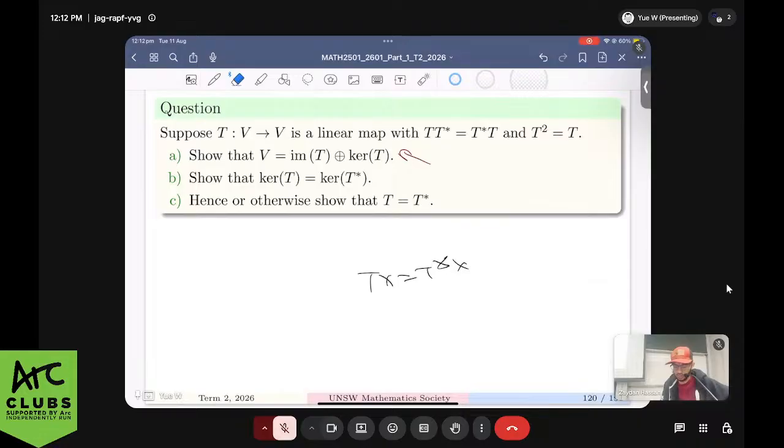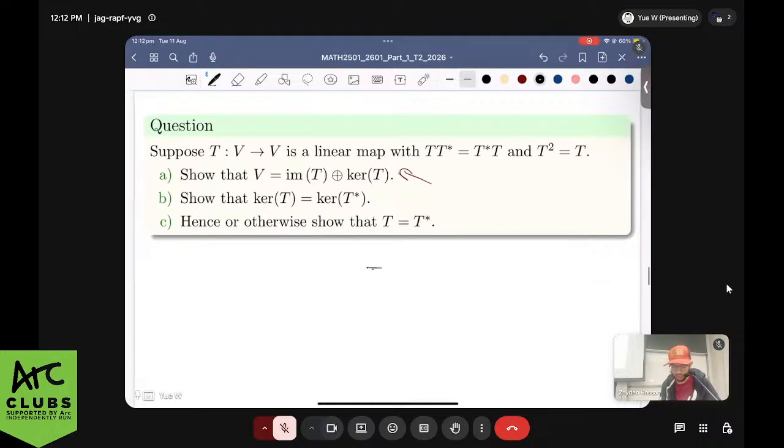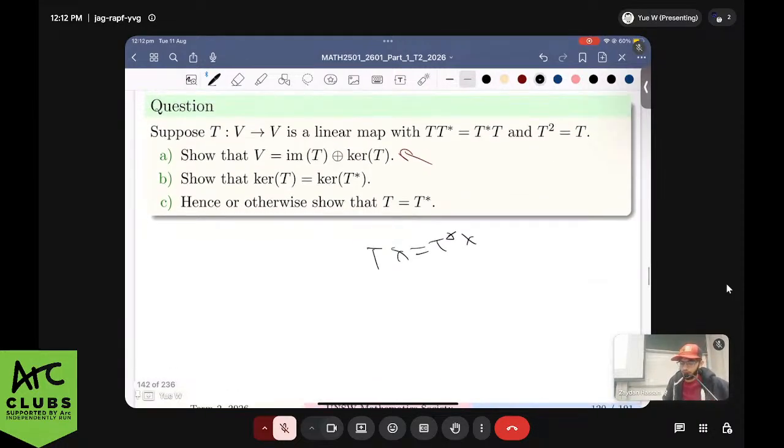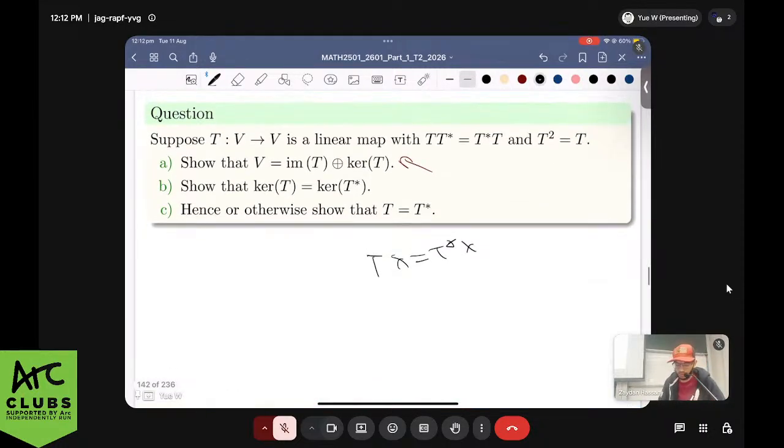We've shown the kernel of T is the kernel of T star. Well, we know T is idempotent, right? Maybe what we can do is, we want to show Tx equals T star x.